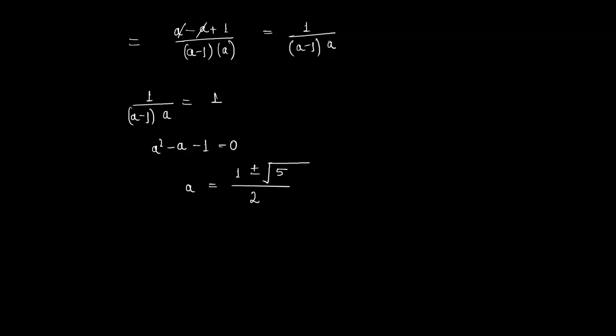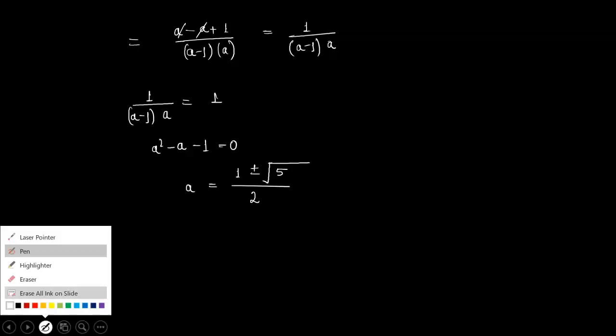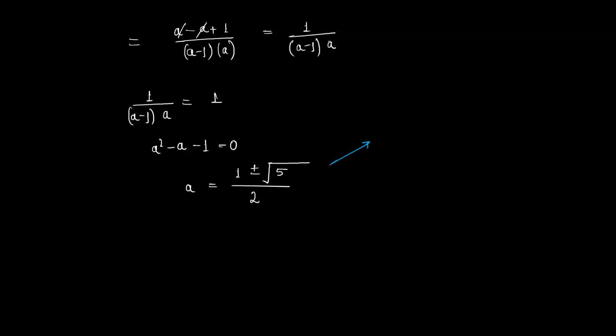So we have two values of a: one is (1 plus root 5) by 2, another is (1 minus root 5) by 2.